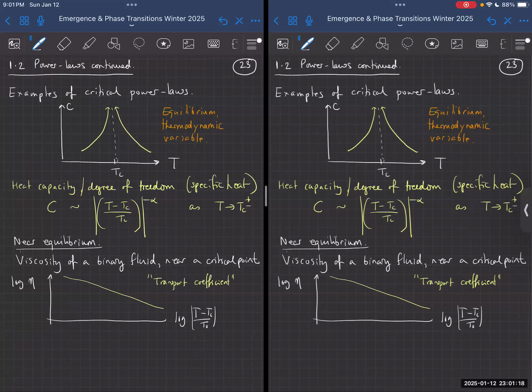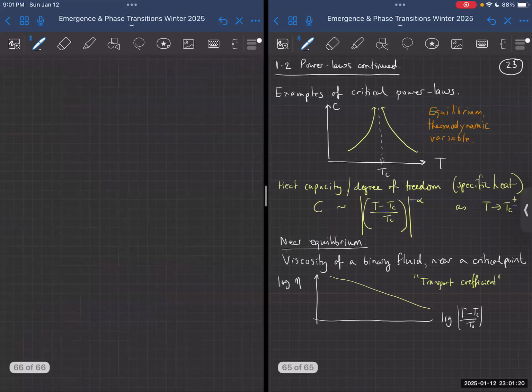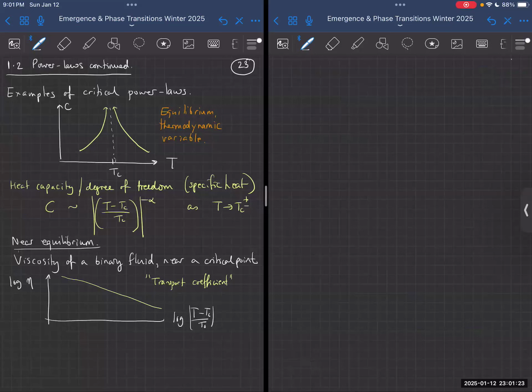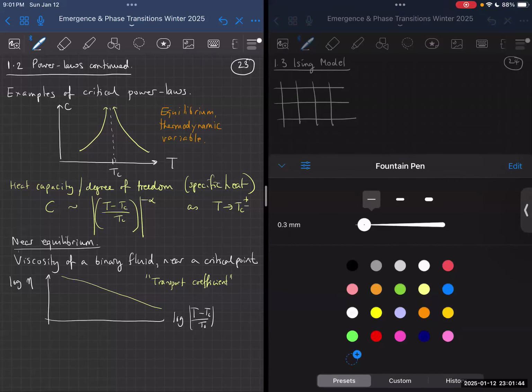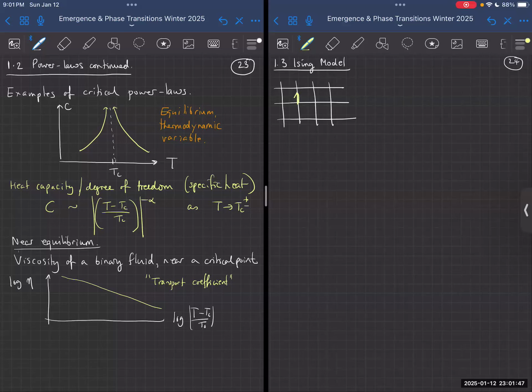Okay, so now I want to talk about the Ising model. So again, we're going to have our lattice like so, and then we're going to imagine that on each lattice site there is a spin variable which can either point up or down, something like that.